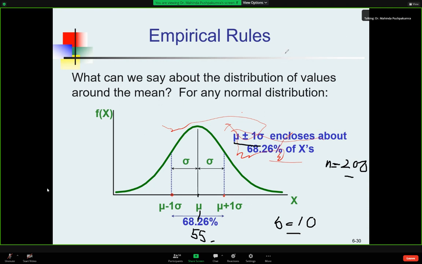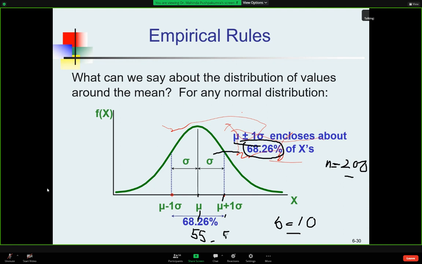Then according to the empirical rule, 68.26% of observations are within one standard deviation from the mean. If the mean is 55, what would be the value here? Mean plus one standard deviation.